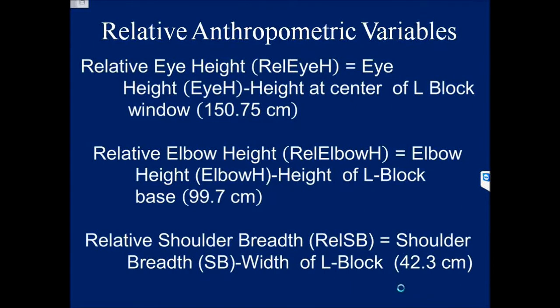I did the same thing with the elbow height, looking at the height that the L block was set at on the counter, and with the shoulder breadth, so that for someone wider or narrower, you try to optimize your coverage. You want to be fully covered in front of you, but you also want to be able to work around it easily.